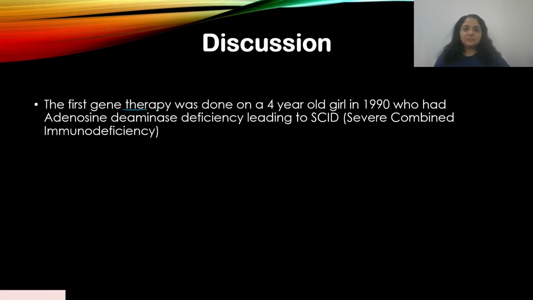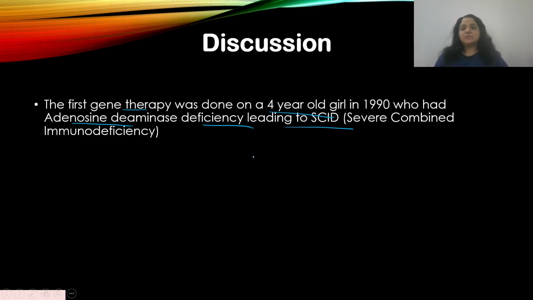So the first gene therapy was done on a 4-year-old girl in 1990 who had adenosine deaminase deficiency leading to SCID. We already discussed how adenosine deaminase deficiency affects the person. It affects the immune system, because when DNA breaks down into deoxyadenosine, it is very toxic to lymphocytes, and so adenosine deaminase converts it into a less toxic form.